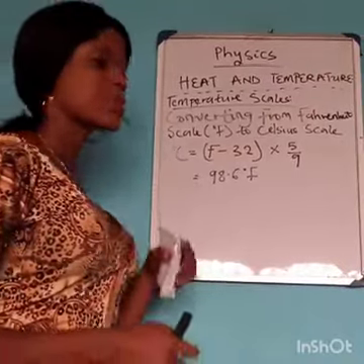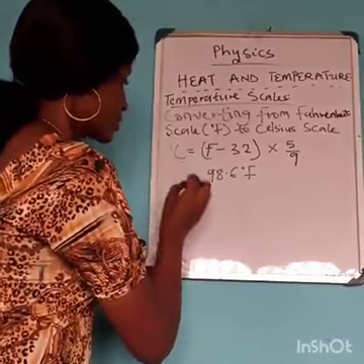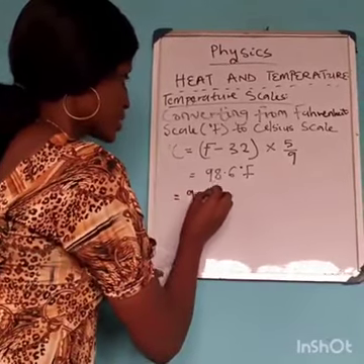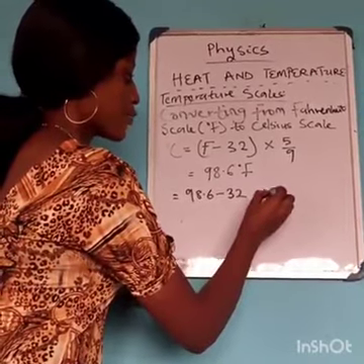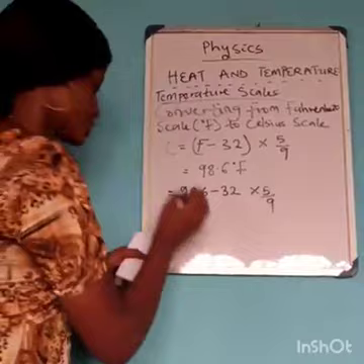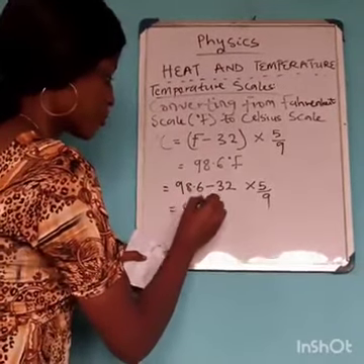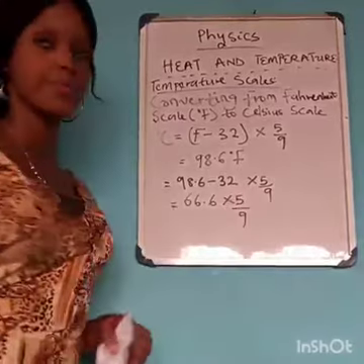So to convert this 98.6 degrees Fahrenheit to Celsius, you will do (98.6 minus 32) times 5 over 9. 98.6 minus 32 will give you 66.6, times 5 over 9.